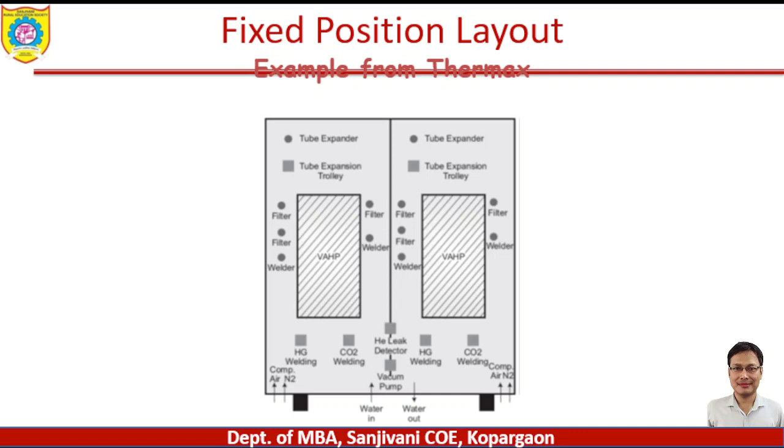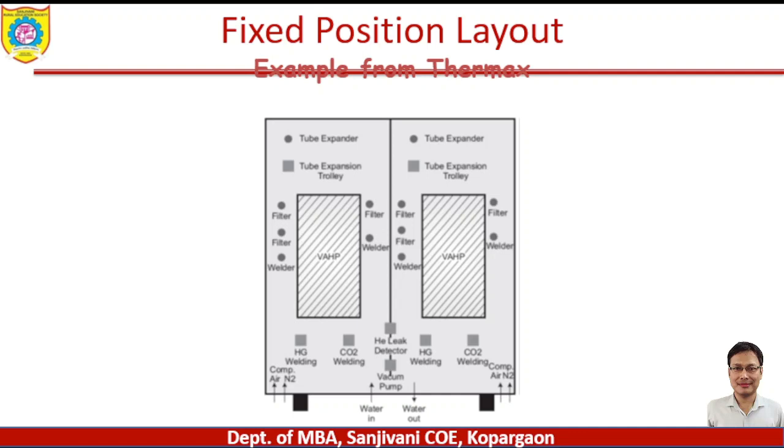This slide shows us the diagram of a product which is an industrial boiler of a huge size manufactured by a company called Thermax. Not only this product, but other products like airplanes, ships, buildings, or even heavy machineries follow this kind of layout, which we call a fixed position layout.